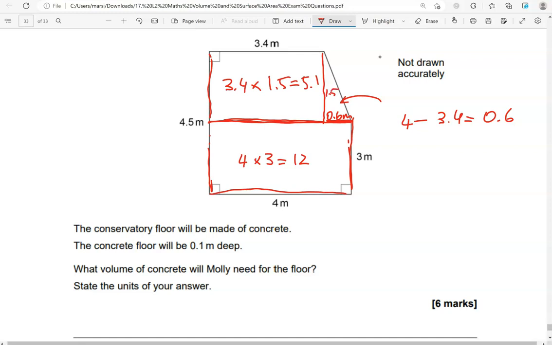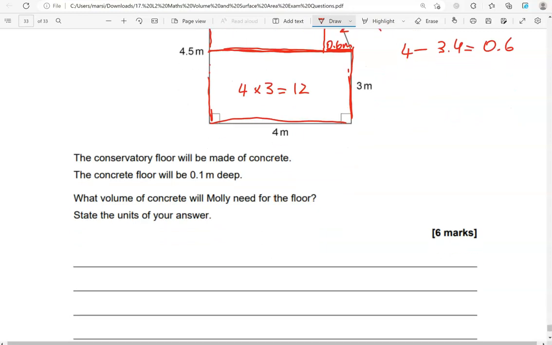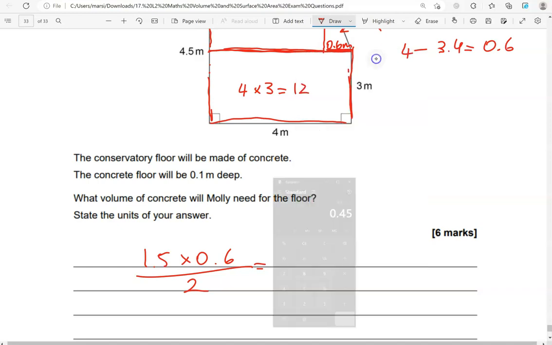So we're going to do 1.5 times 0.6 divided by 2, which is 0.45.